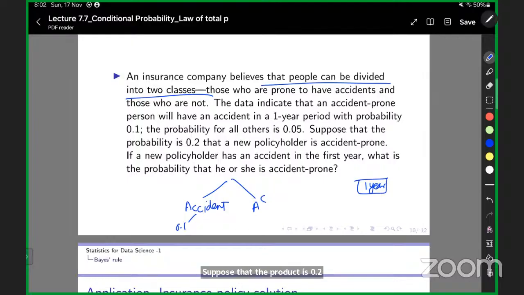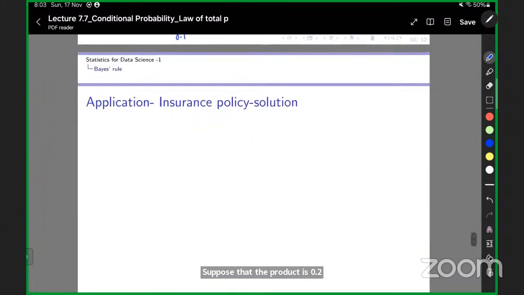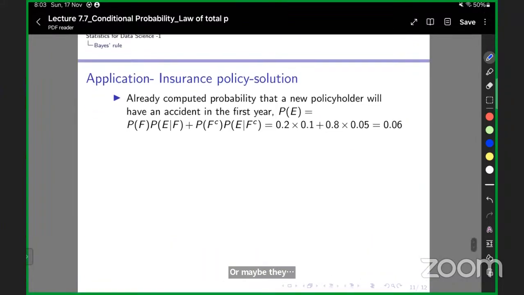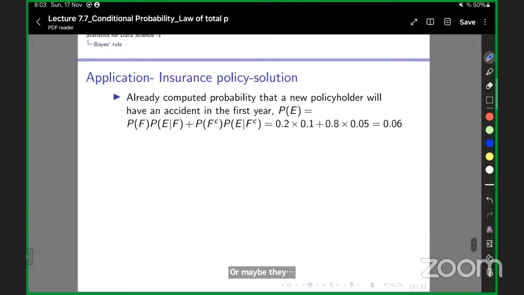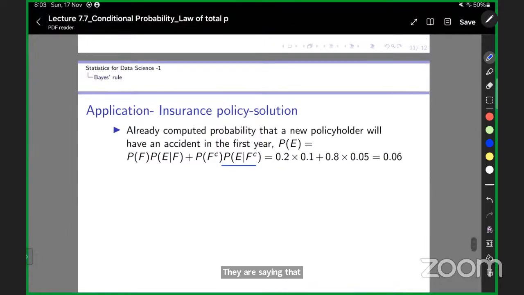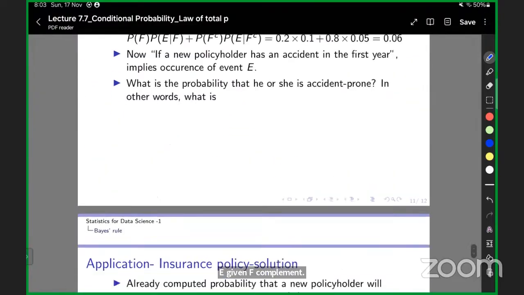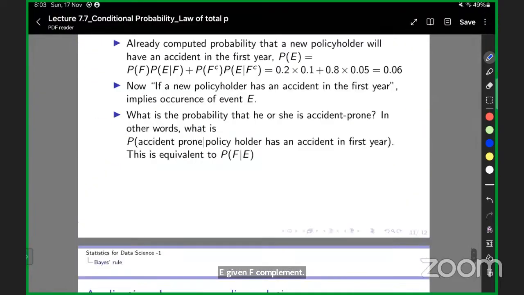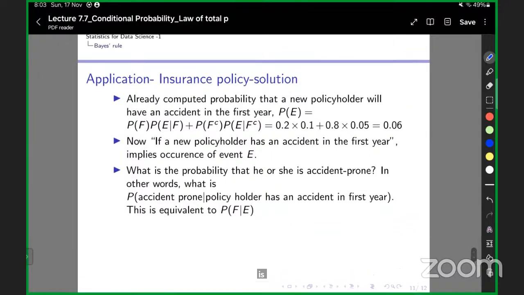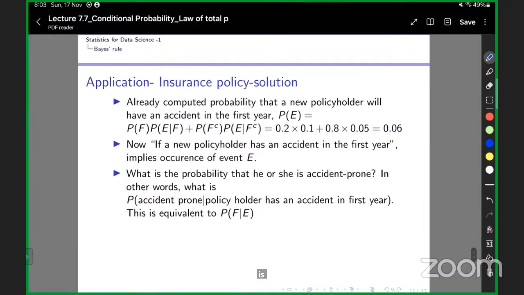They are saying E given F complement, and F is accident prone.